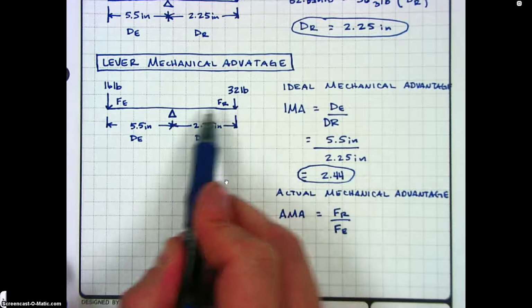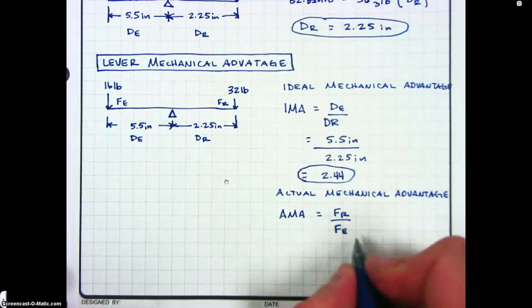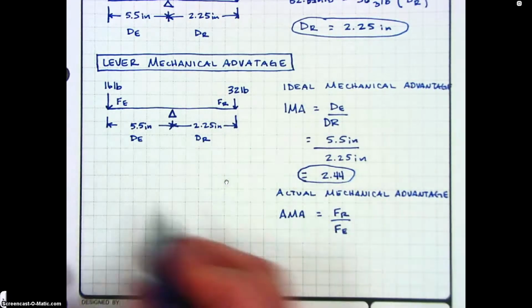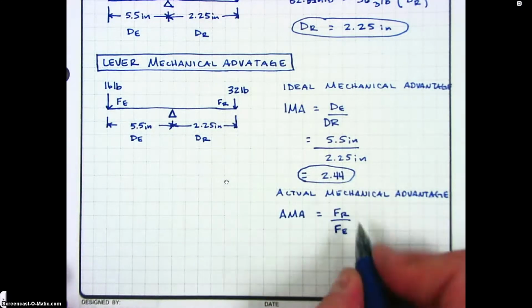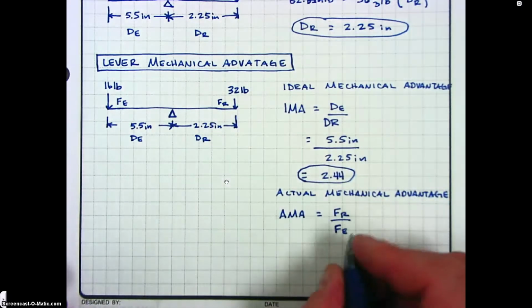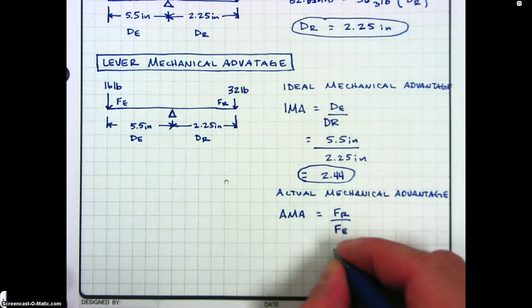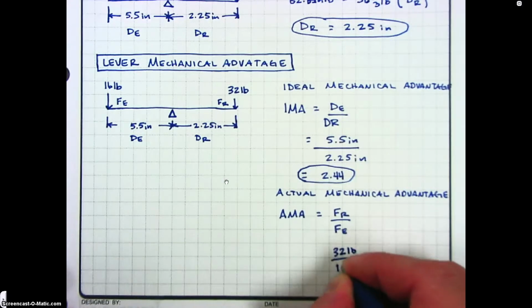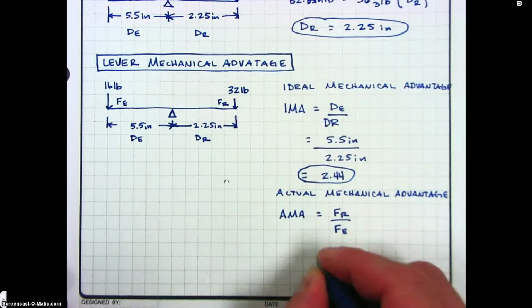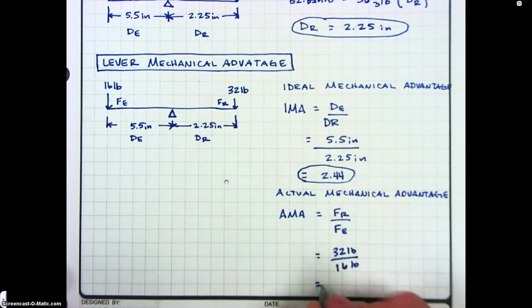So how much resistance is there and how much effort is there? And so if we actually went out and tested our system, what would the resistance force and the effort force be? So in this case, we have our numbers, 32 pounds divided by 16 pounds, and that gives us an actual mechanical advantage of 2.